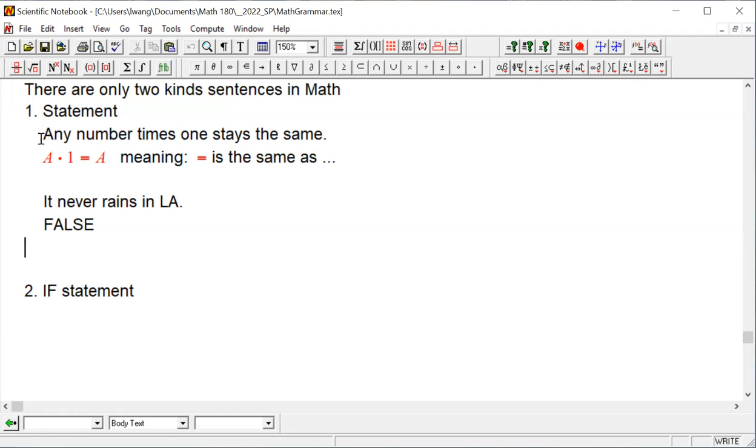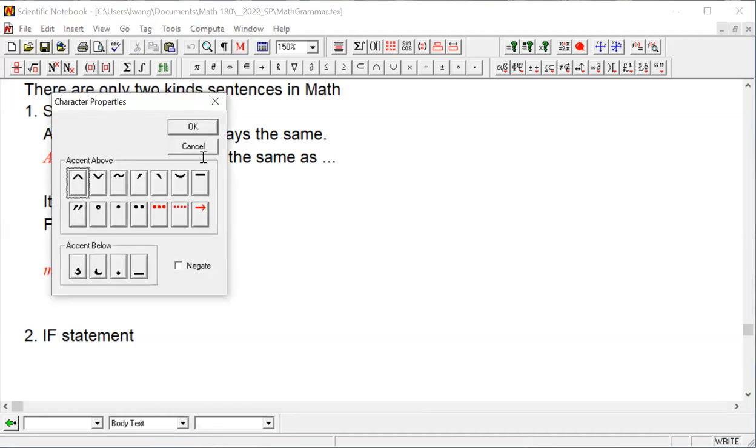Now, this is one kind of statement. There's another kind of statement. It could be m times x plus b. What does that mean? It's actually a statement, right? I'm taking a number m, and they will tell you what m is. M is described. X is also going to be described.